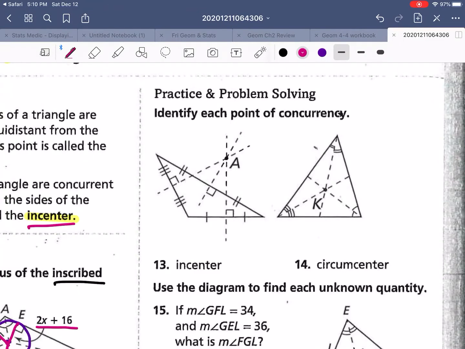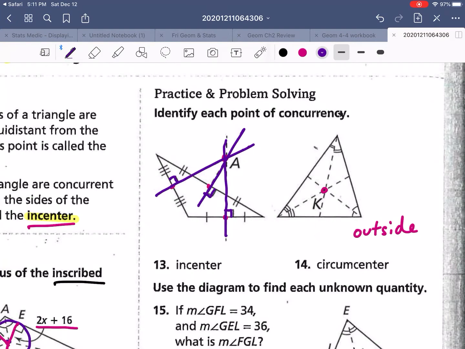So let's look here. It says, identify these points of concurrency. Well, we know that incenters always fit inside. And so this point A has to be a circumcenter because it's outside. We also know it is formed by perpendicular bisectors. Here's the center of the side, and they made a perpendicular line at that midpoint.